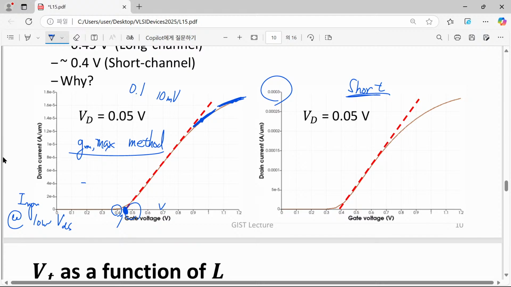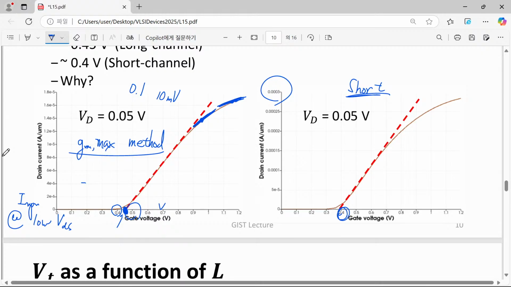And what we get is a value slightly lower than 0.4 volt. Well, maybe you can say, well, 0.45, 0.3-something, it's not that big a deal.